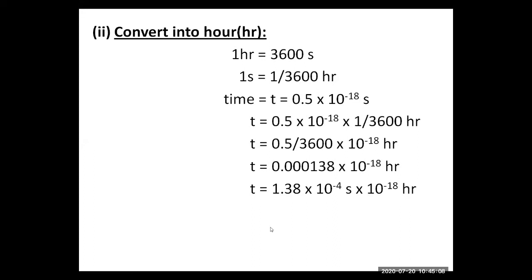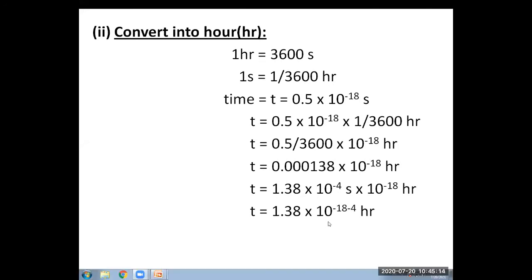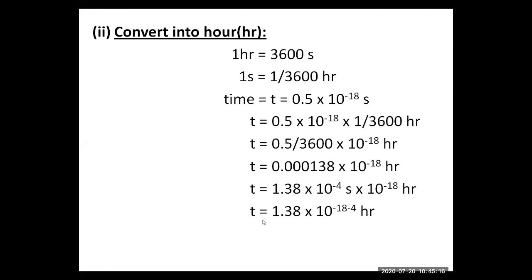Now, in the multiplication, the powers will be added. Then it will become t is equal to 1.38 multiplied by 10 raised to the power minus 18 minus 4 hours. We will add, and the sign will remain minus because both have negative signs. 18 plus 4 we get 22. So 1.38 multiplied by 10 raised to the power minus 22 hours.